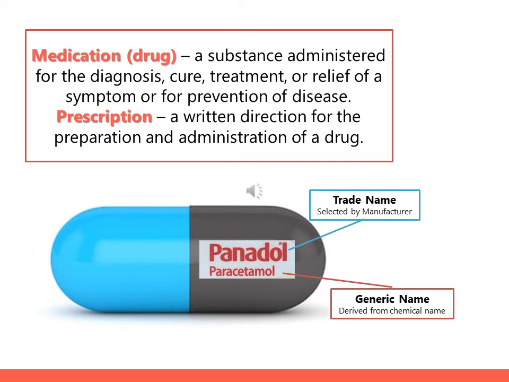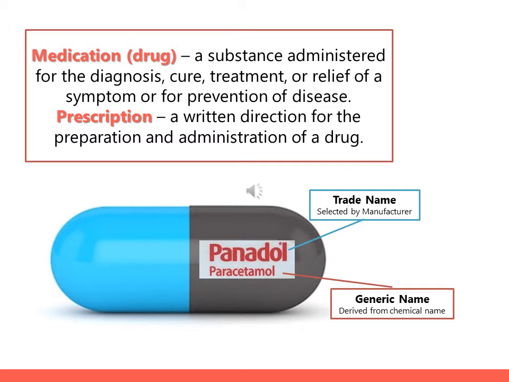Now, medications have a lot of names, and this is one of the most important challenges among nurses because you have to deal with several medications in the hospital. However, there are two important names that you need to remember if you are giving medication: the trade name and the generic name. The trade name is the name selected by the manufacturer, while the generic name is derived from the chemical name.